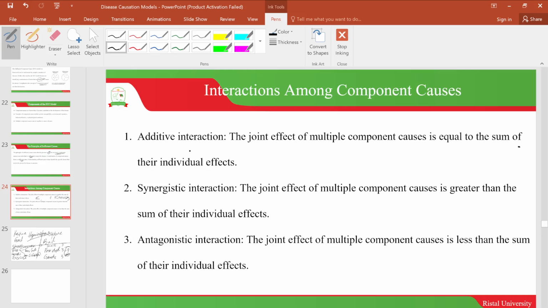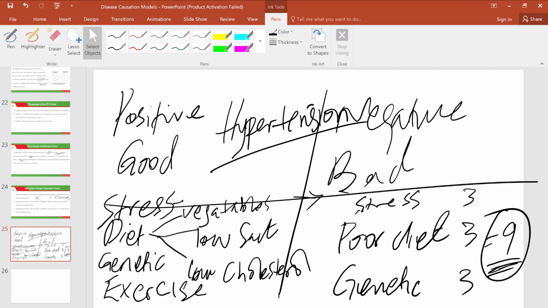The impact of the individual component causes is equal to the sum of the individual ones, the total sum of all. But you can have a situation where genetic predisposition is combined with stress.